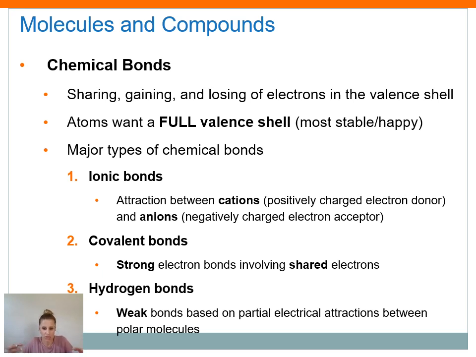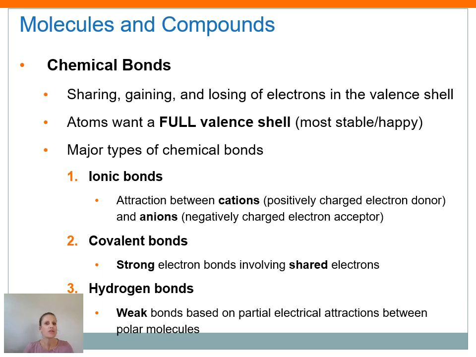Is it going to join with another atom and build something bigger or not? Every chemical reaction that occurs in your body occurs because of electrons in the valence shell. Every reaction, our entire metabolism in our body happens because of these electrons in the valence shell.